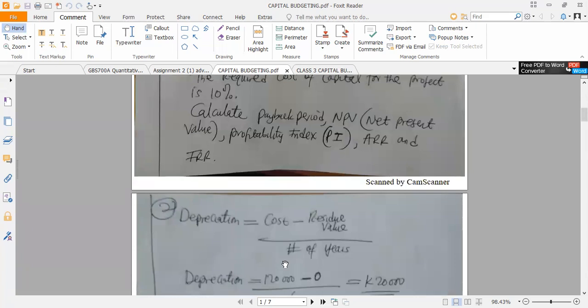I have to make mention here that the net present value, profitability index, internal rate of return, and including the payback period, these four use original cash flows as they come.